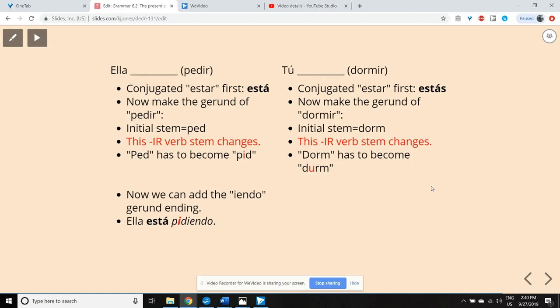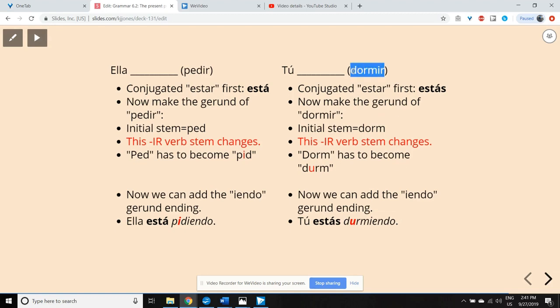Now to DURM, our altered stem, we can add the IENDO gerund ending, and that gives us durmiendo. Dormiendo with an O is never the gerund of dormir. Durmiendo with a U is this verb's gerund. And of course, here we have our conjugated form of estar, estás, and durmiendo. Okay, tú estás durmiendo is the correct present progressive expression with the verb dormir.